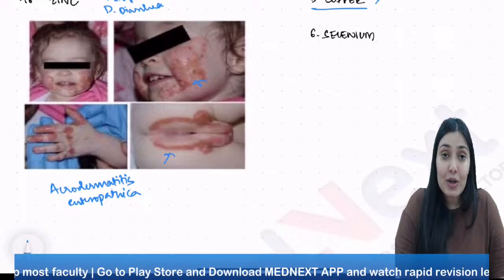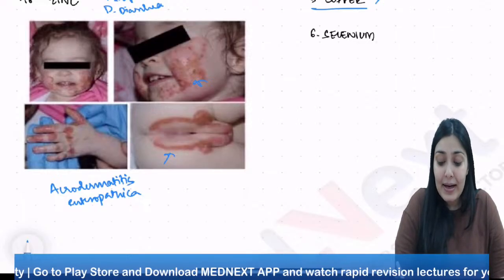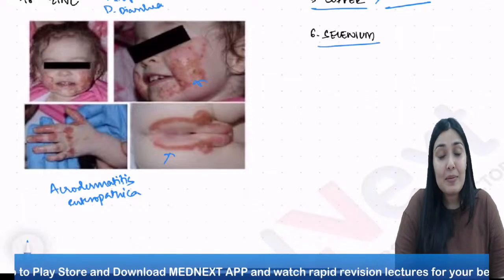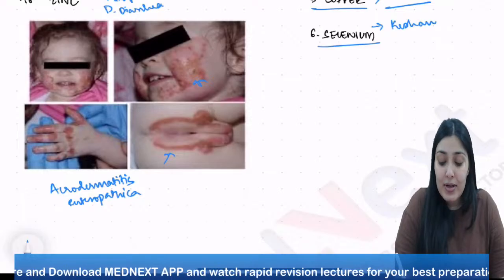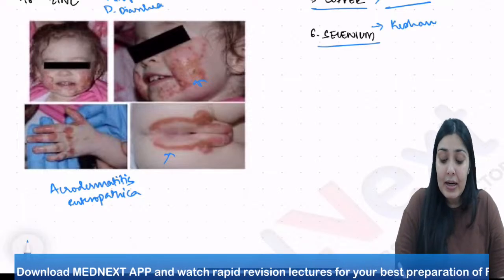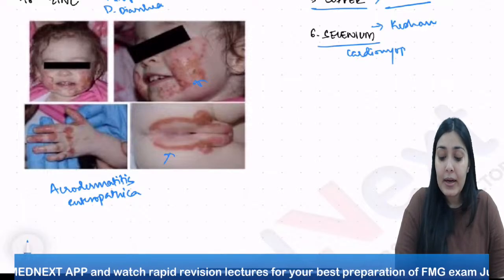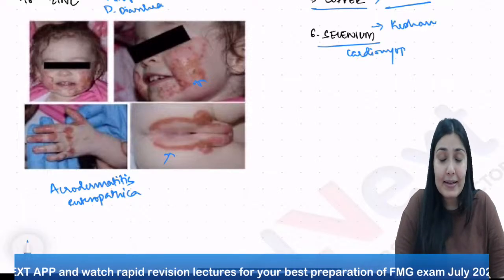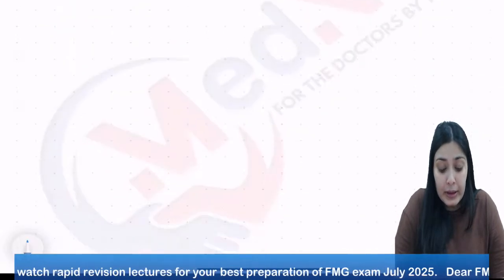Menkes disease, right? And what about selenium deficiency? That is Keshan's disease, right? Cardiomyopathy is the feature over here. And here the typical feature is kinky hair disease. Apart from that, other neurological features could also be noted.